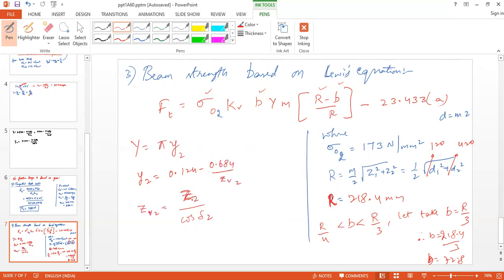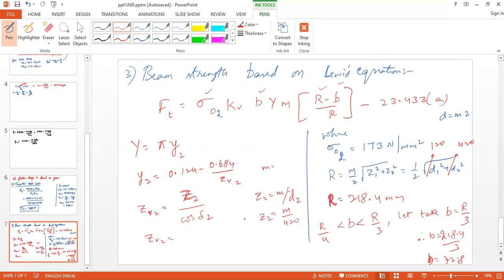Any other thing can be done? And what is Z2? Z2 is D by m. M is equal to D by Z, sir. And we know the value of D2, which is 420.